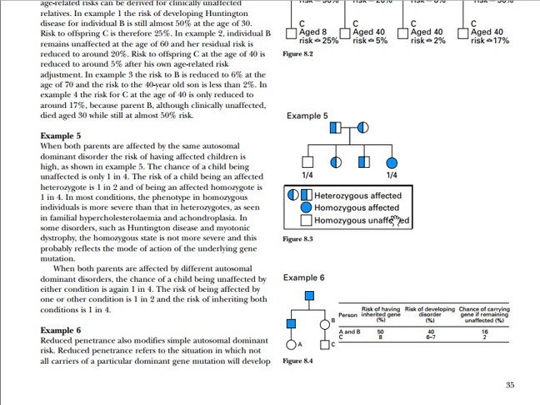So in example 5, this is how you do a transmission for an autosomal dominant disease. As I was explaining, this is an example of both parents affected with an autosomal dominant disease.